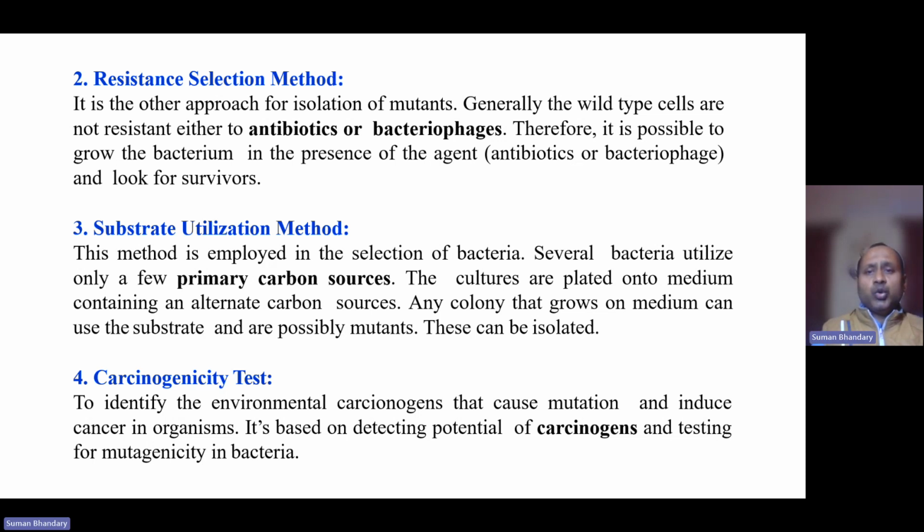So any colony that grows on this alternate carbon source can utilize it as a substrate. Through this, we can identify a potential mutant. And these mutants can be used if they produce certain bioactive compounds. We can use these mutants industrially.